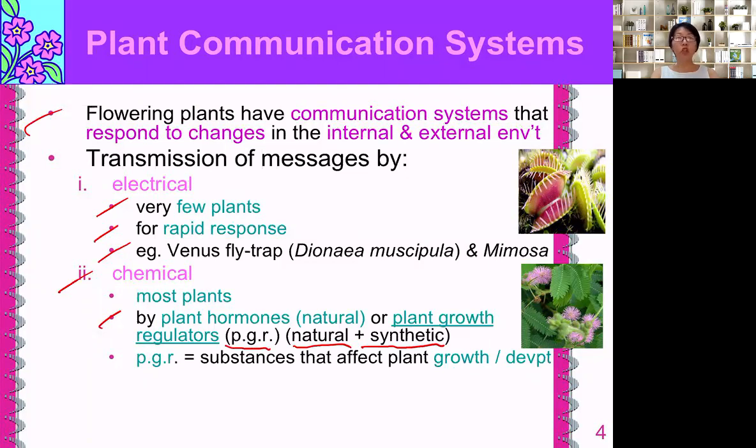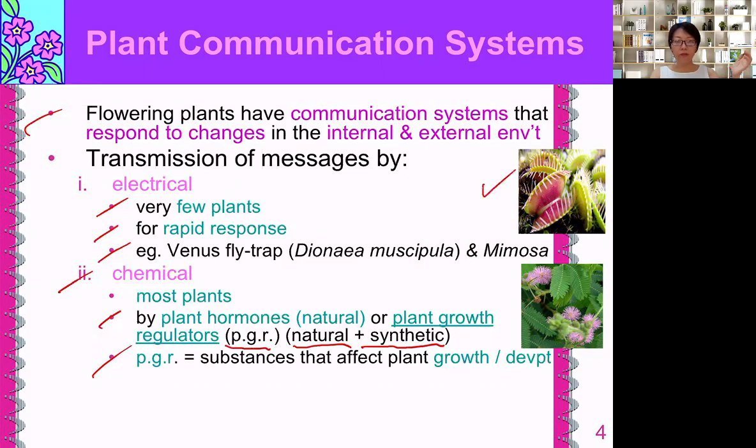This is a use of PGR. PGR, plant growth regulator, is a substance that affects plant growth and development. Regulate means to control when to grow, how much to grow, when not to grow, or when to develop, when not to develop.